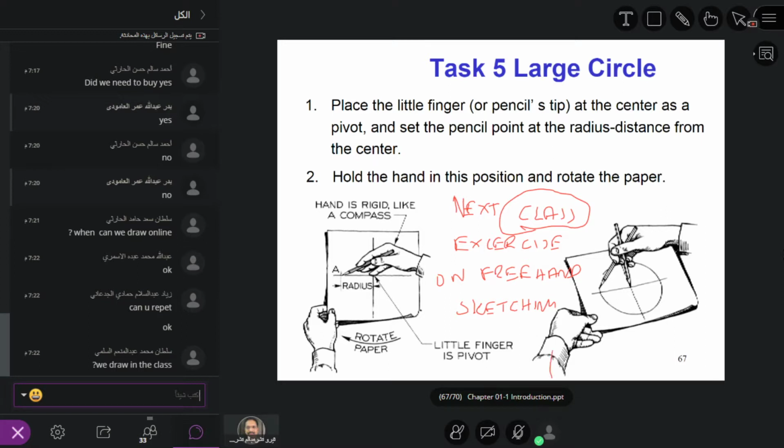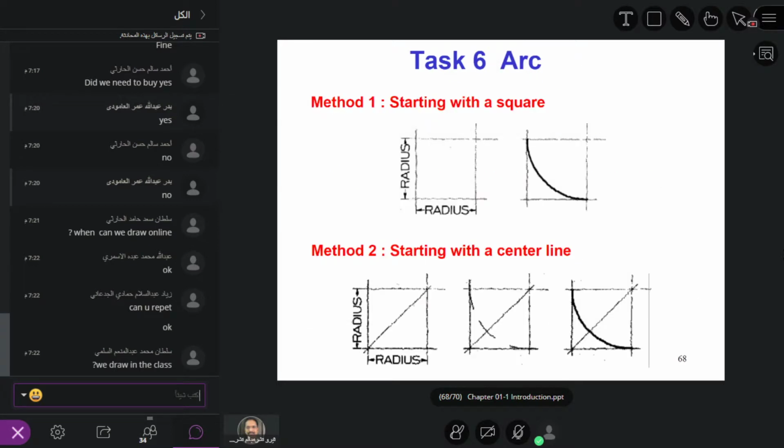Right. So arc. Arc means you know that arc is radius. So the arc can be drawn like this. First make a square of the radius and join it. So this is how you make the arc.